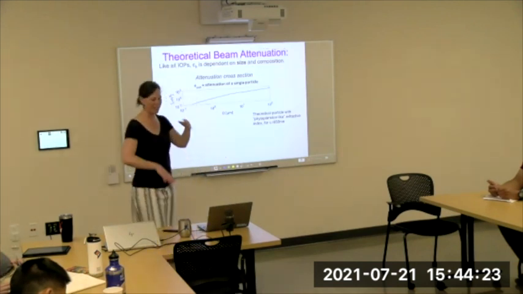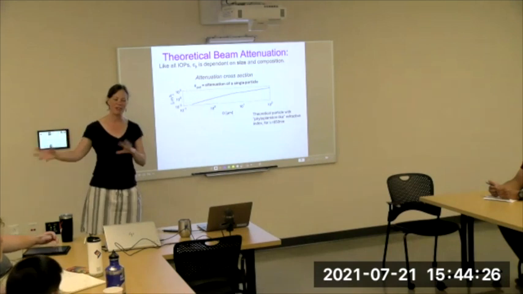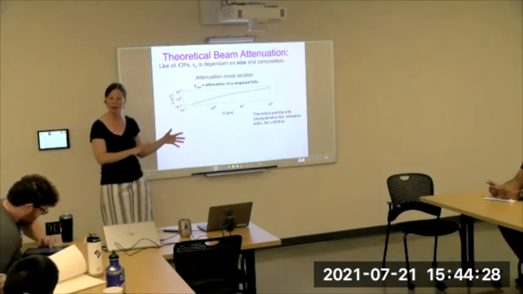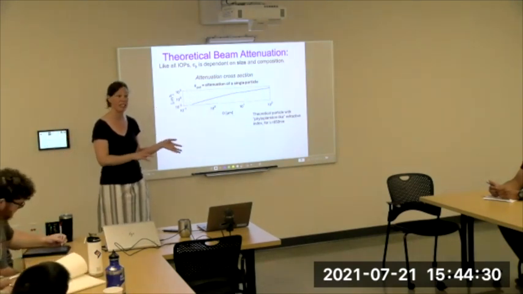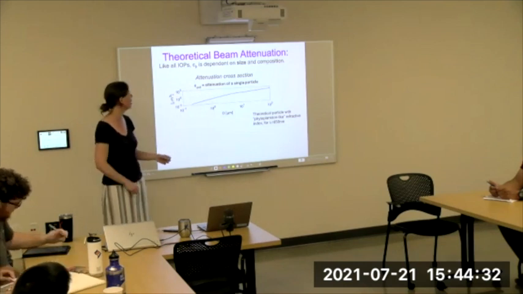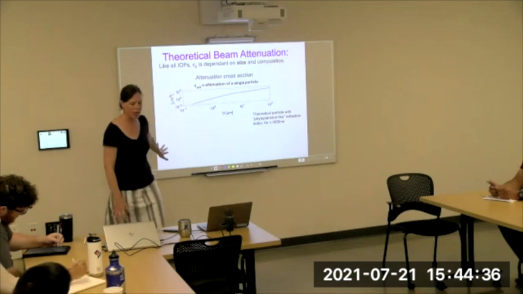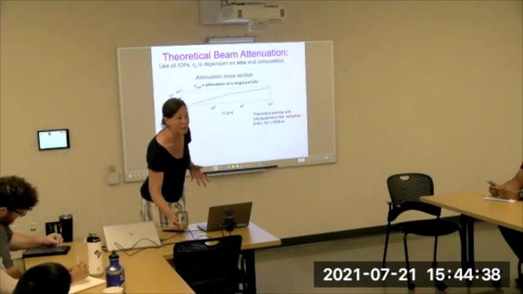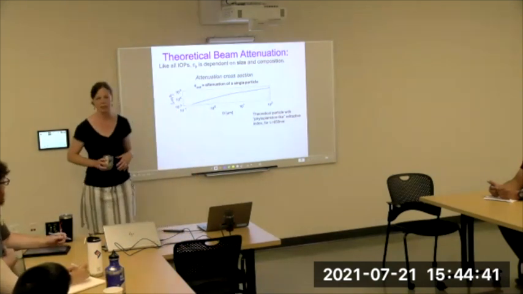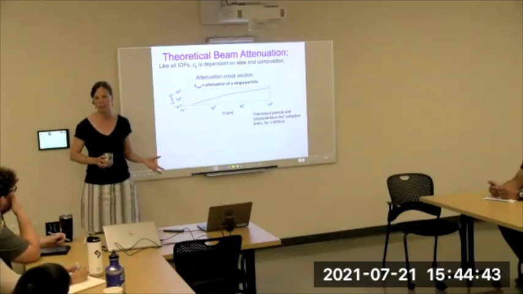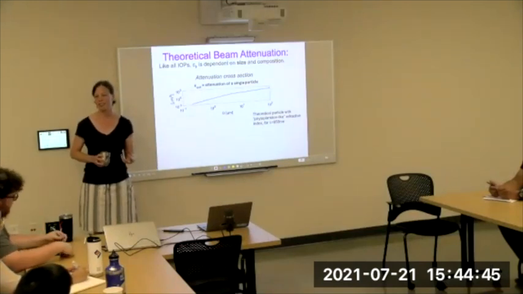Okay, so we're now going to think about beam attenuation from the theoretical side, knowing that there are all these caveats we need to think about when we're measuring it. Colin spoke very briefly about Mie theory, which is basically a solution of Maxwell's equations applied to homogeneous spheres.